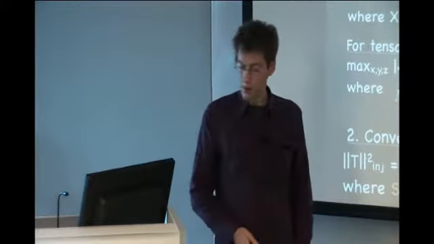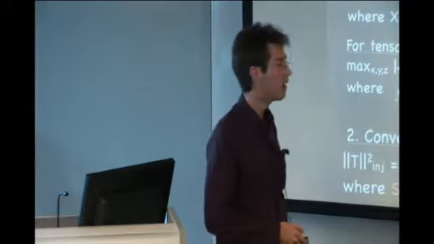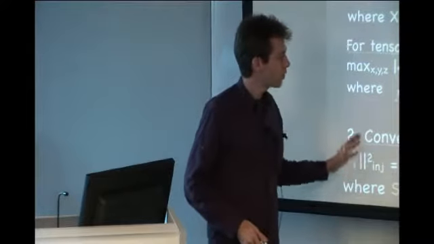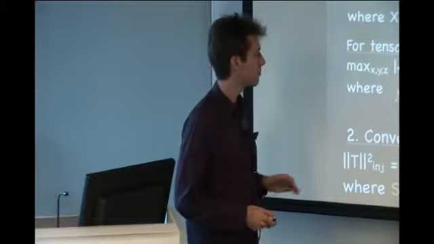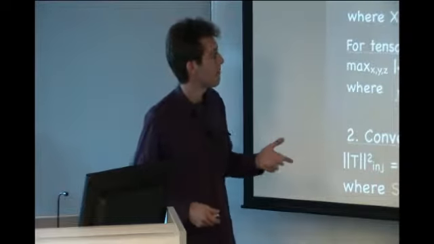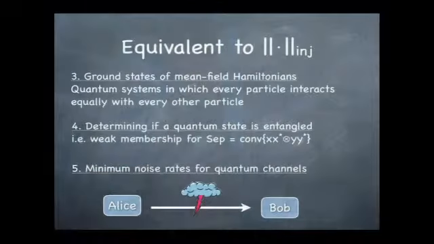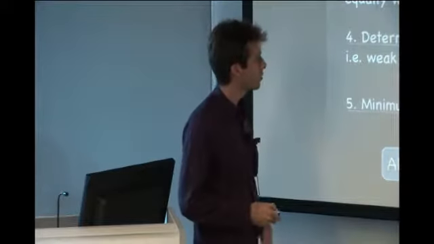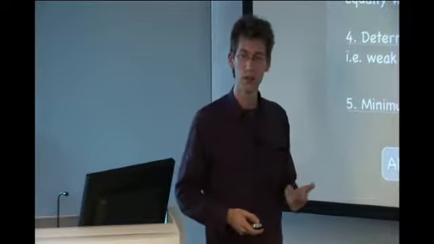OK, so this is another formulation which is of interest to quantum people, but also may have other uses. There are many, many other equivalent formulations also useful for quantum, which I won't spend too much time on, but I want to briefly mention.